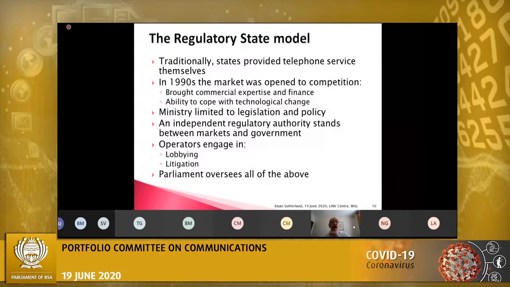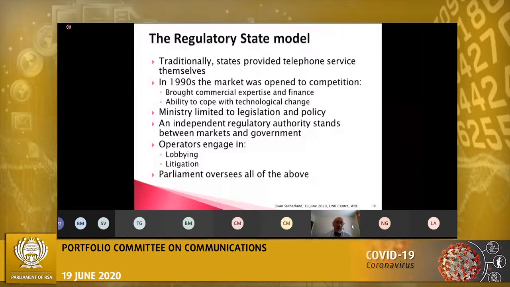The attraction of the regulatory state model was that the risk was taken by the operators. And that left the ministry doing legislation and policy, and an independent regulator was created that stood between the markets and the government. So government did its bit on legislation and policy, the regulator did the more detailed work, and the operators engaged with the market.